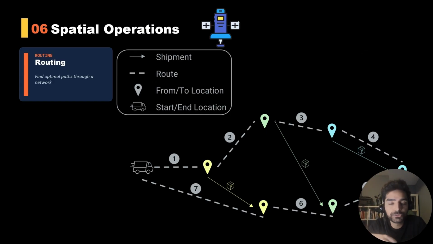This is used in navigation, logistics, emergency response, public transit, and utility networks. Technically, routing depends on graph theory. Roads become edges, intersections become nodes, and the algorithm searches for the best path based on a cost function.